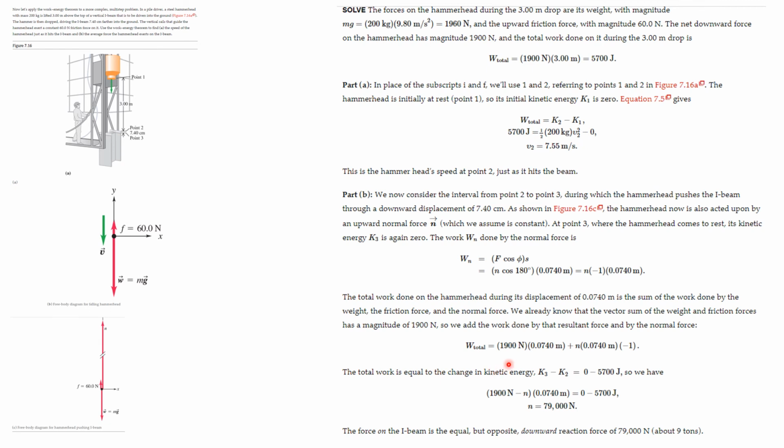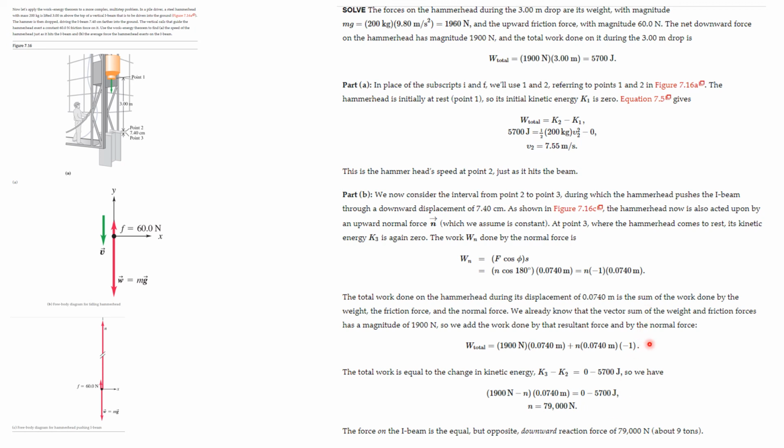So the total work is going to be the work that is shoving it into the ground, plus overcoming the normal force, which we found to be this. The total work is going to be the change in kinetic energy, which is going to be minus 5,700 joules.